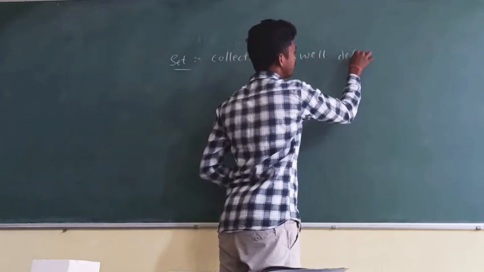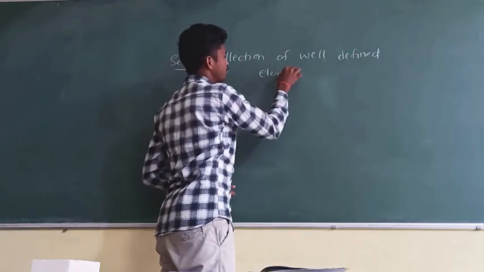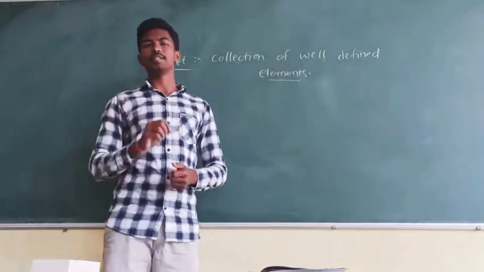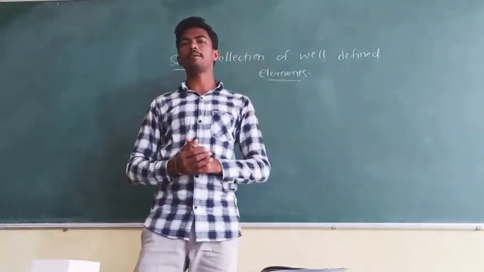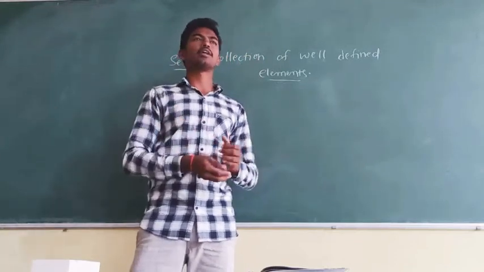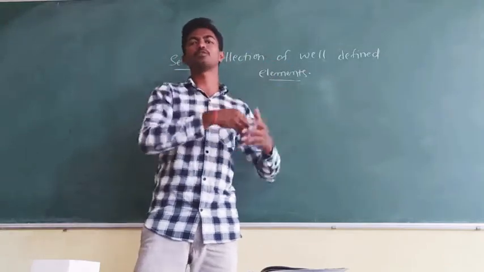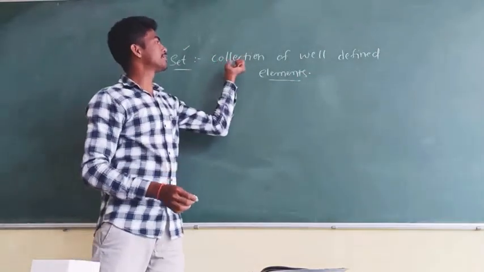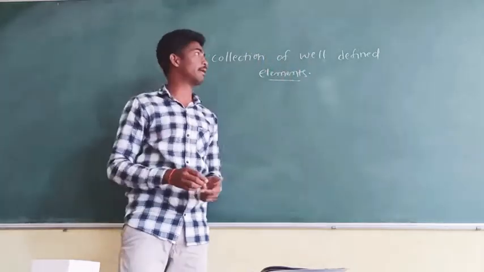In general, when we say a group of elements, that's the collection of elements gathered there. Or else, if we say defined elements gathered in a group, we call them a set. That means a set is nothing but a collection of well-defined elements.